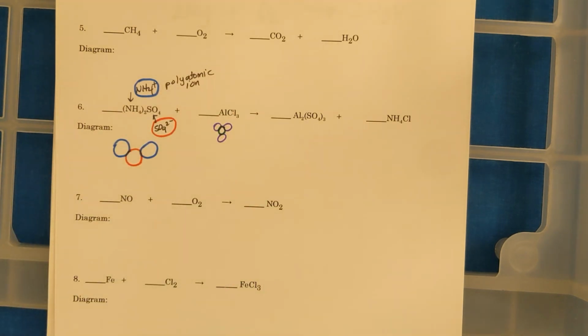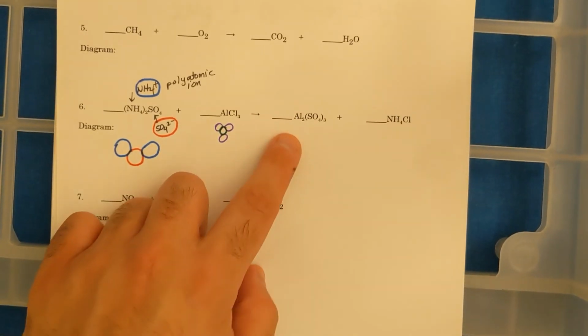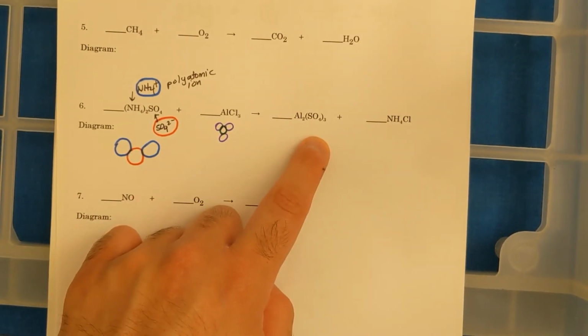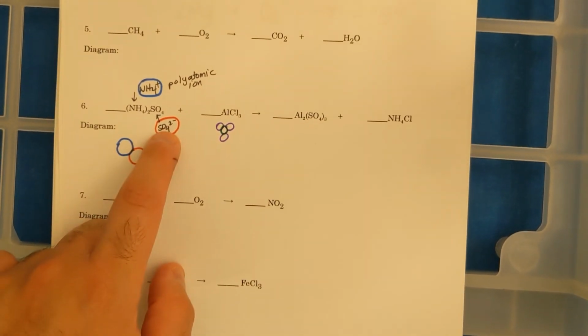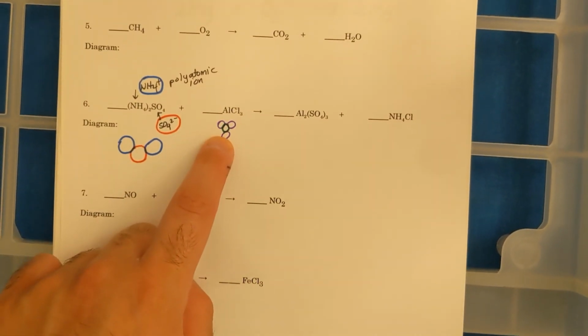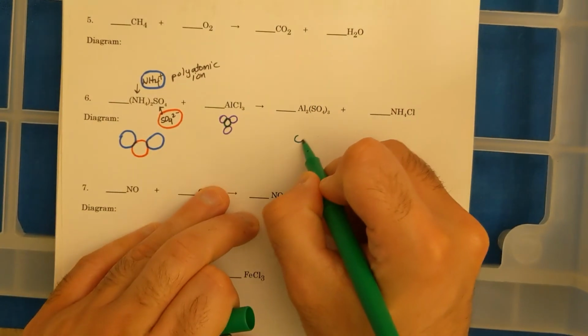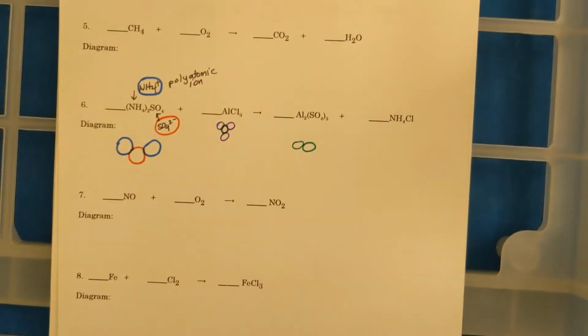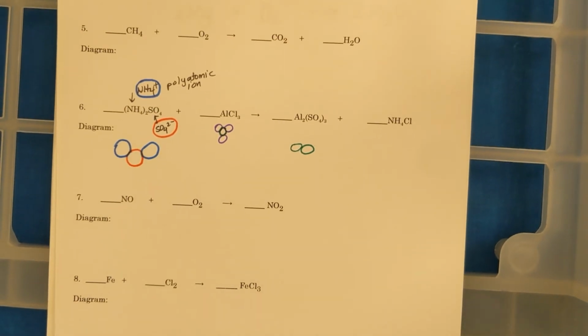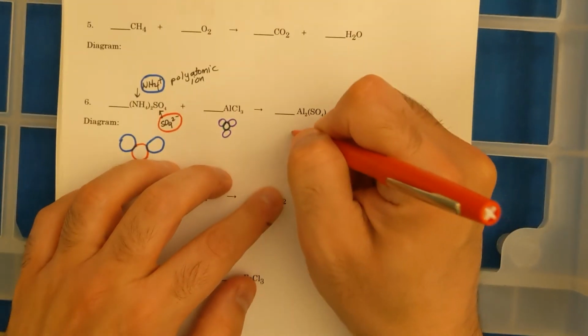And then on the right side, I have one compound that has 2 Als and 3 SO4s. Remember, SO4 is red and Al is green. So I'm going to draw 2 Als, and then I'm going to draw 3 SO4s around them.